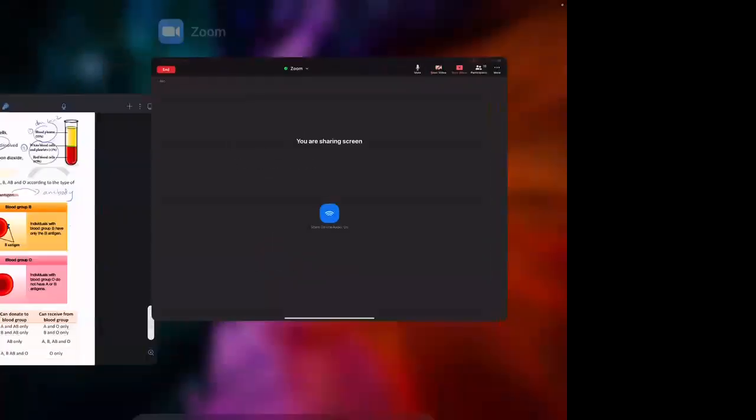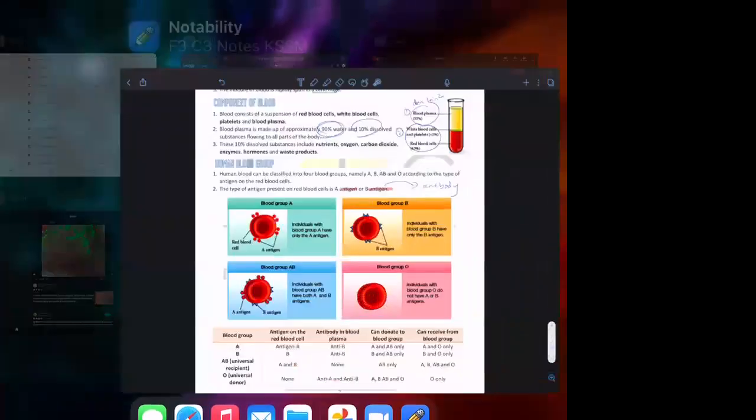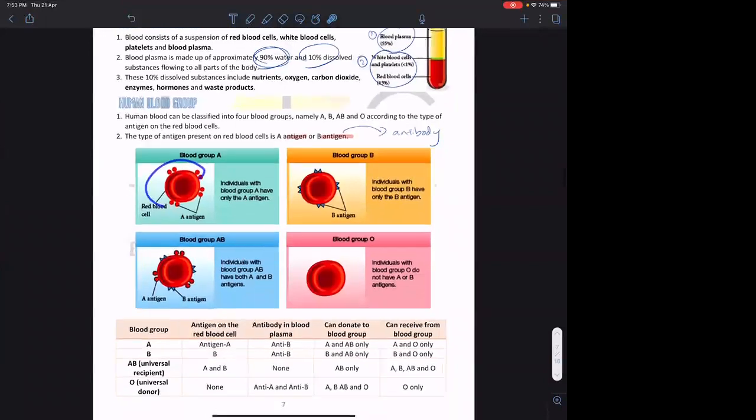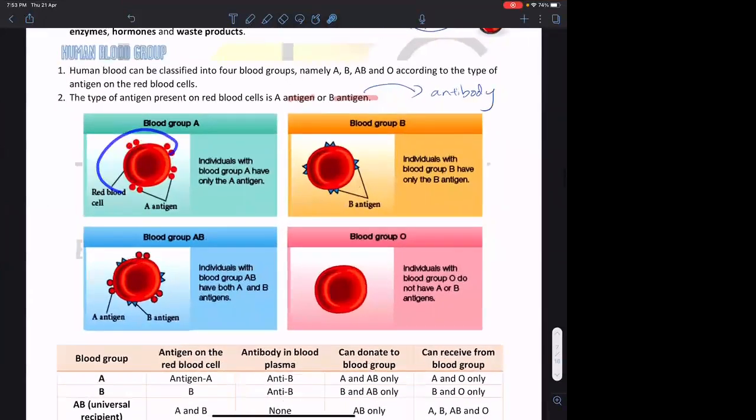So for people with blood group A, let's say now you're team A. When your white blood cell touches this antigen, they will not freak out. They will say, okay, I've seen you before. You are a red blood cell in my body. But what if I give you a blood group B?